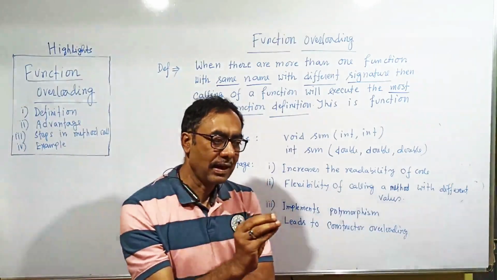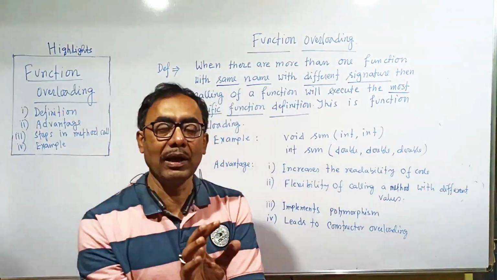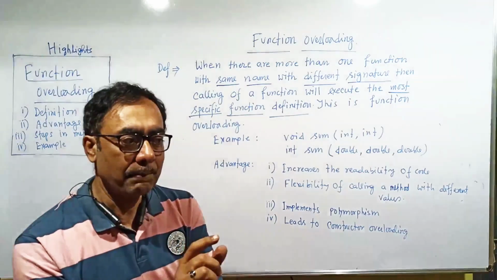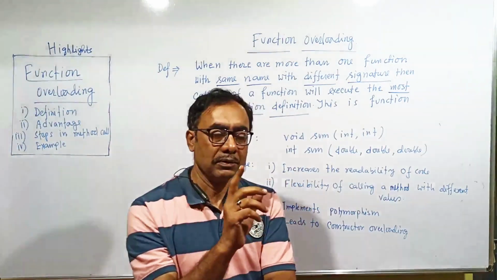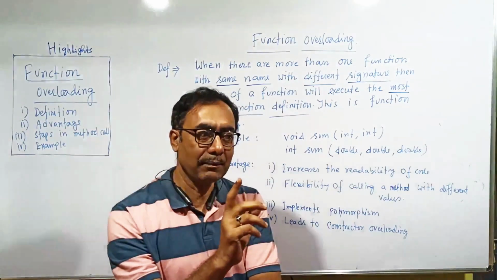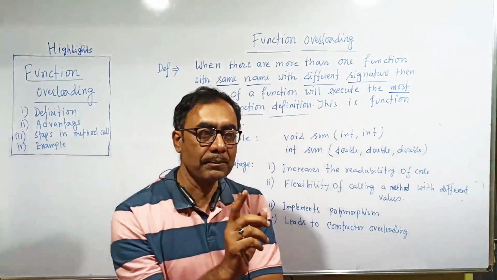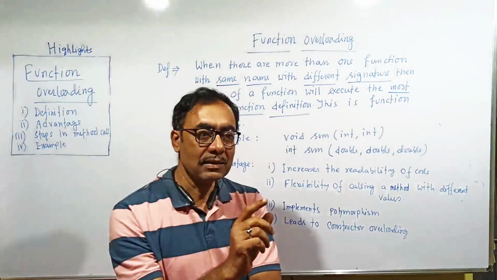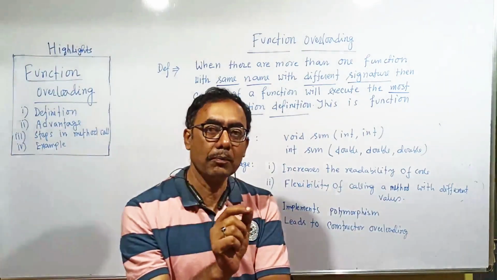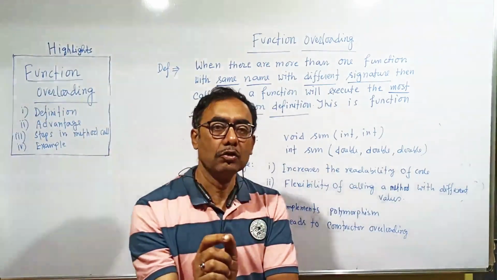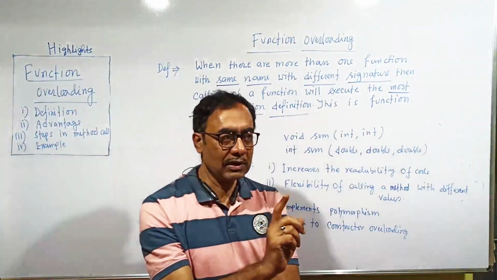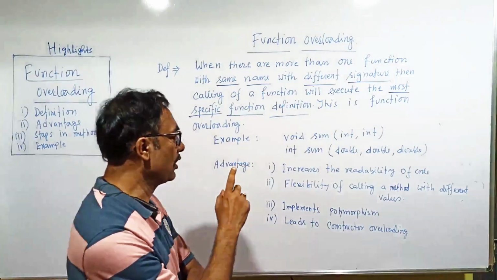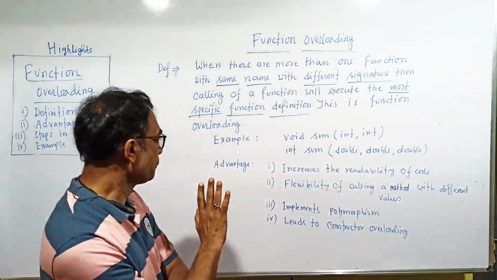But to understand the meaning of function overloading, you will have to understand that it's not only the presence of functions having the same name with different signature, but it is the method which will be the most appropriate method to be loaded against a function call. So that you have to understand. Hence we have given the definition in that way.